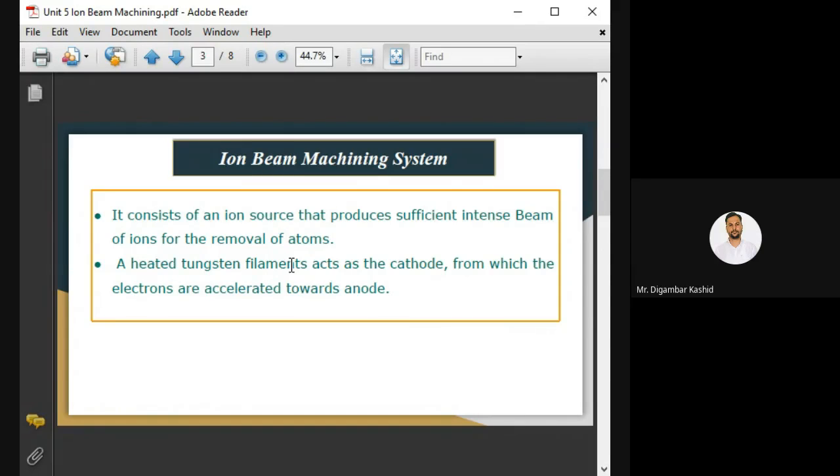How will that removal of atoms from the workpiece take place? By the striking or impingement of charged ions.